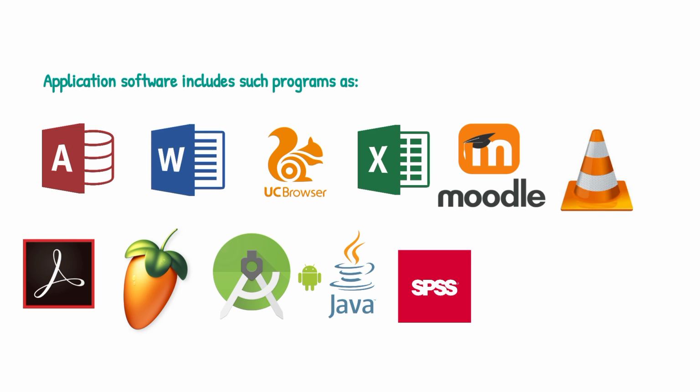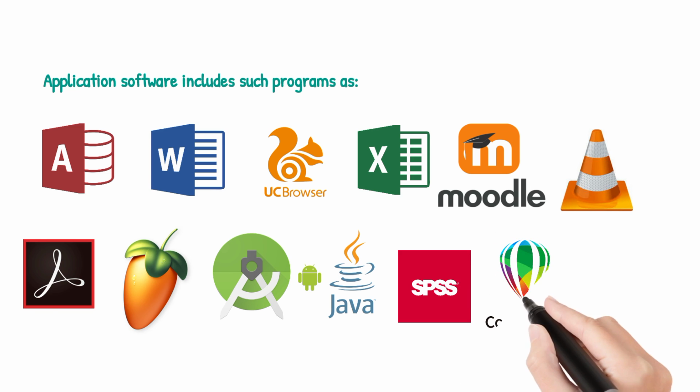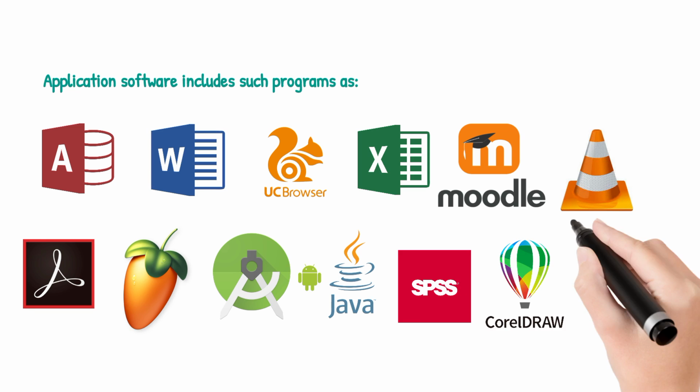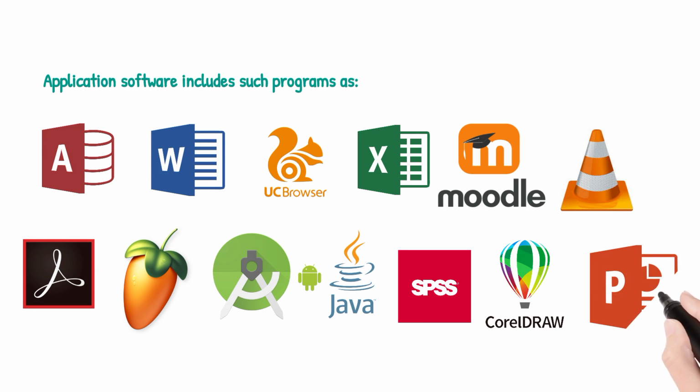We can look at the designer programs or the designing programs such as the CorelDRAW, the SolidWorks, Electronic Workbench, Cisco Packet Tracer, and we can also look at the presentation programs such as Microsoft PowerPoint.